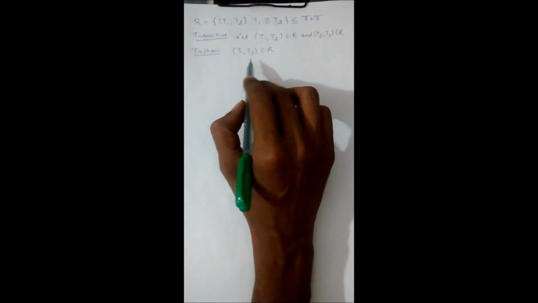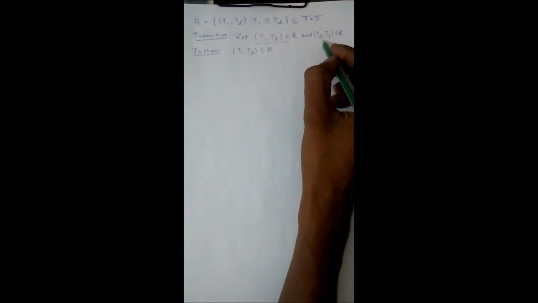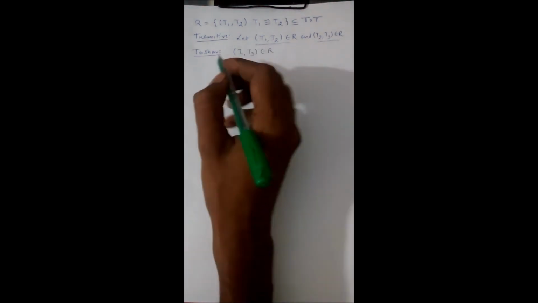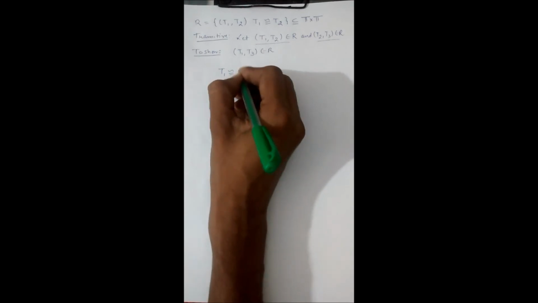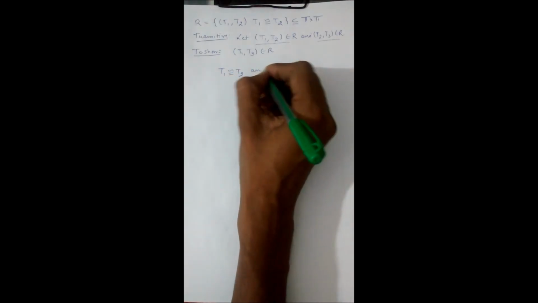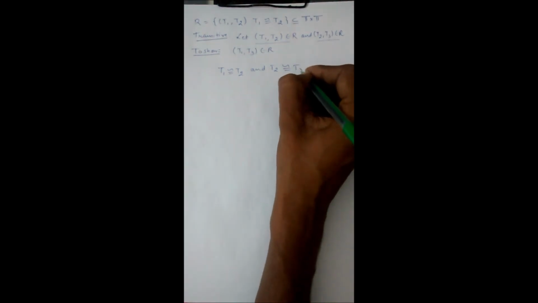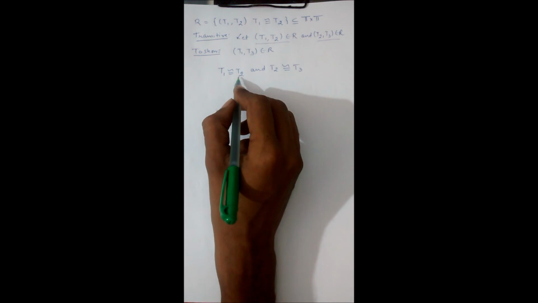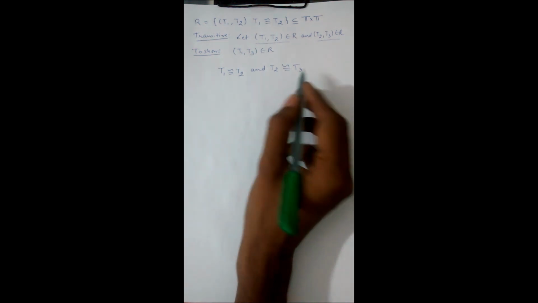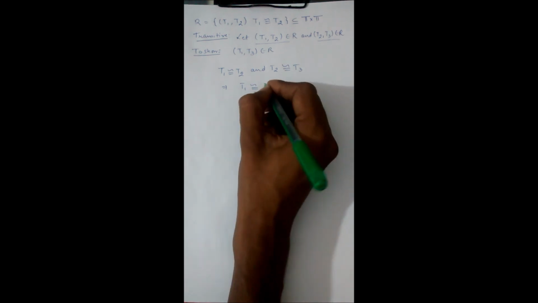Now, since (T1, T2) and (T2, T3) belong to R, and the only condition to be in R was that T1 should be congruent to T2 and T2 should be congruent to T3, this implies that T1 should be congruent to T3.